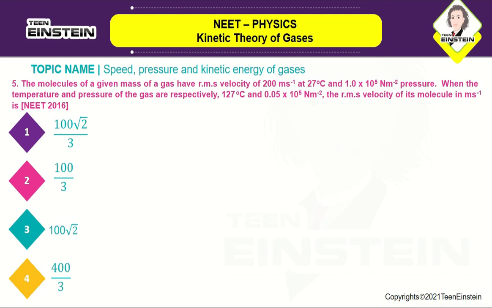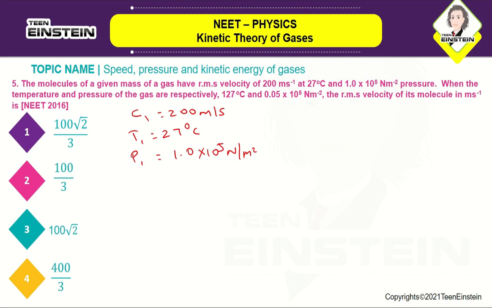So first, initially they gave the molecules of a given mass of gas which is having an RMS velocity of 200 meter per second. So that is the first one, the C1 value, and they have given the temperature as 27 degrees Celsius, T1, and P1 as 1 into 10 power 5 Newton per meter square.